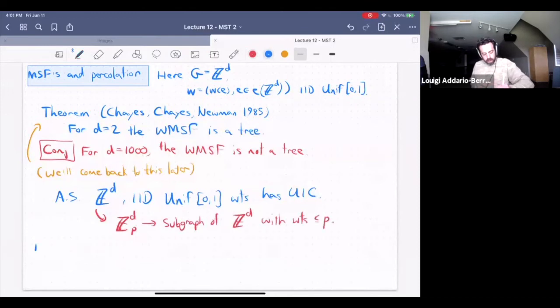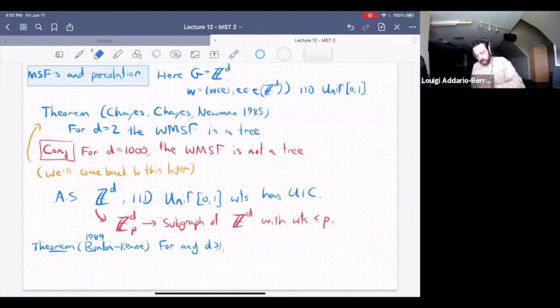Okay, so then it's a theorem going back to 1989 that in any dimension and for any value of p, almost surely Z^d_p has at most one infinite connected component.